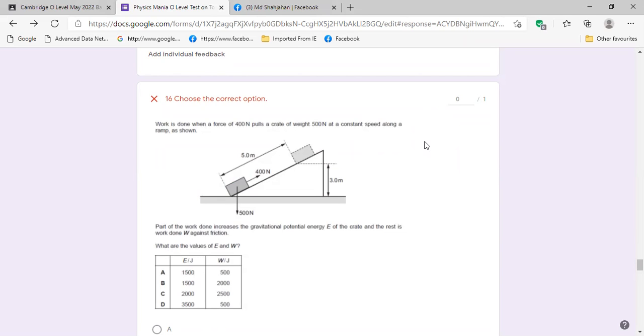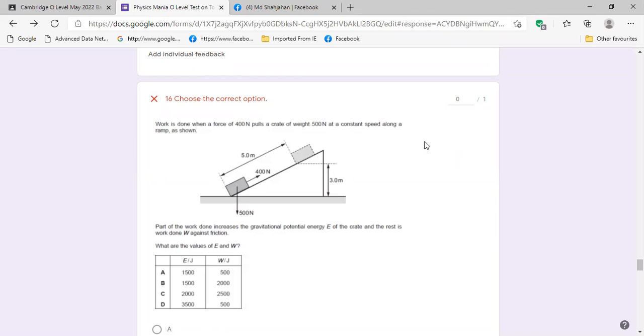Yes, so E is the work done, but it's involved with the gravitational potential energy, right? Part of the work done increases the gravitational potential energy E of the crate, and the rest of work done W against friction.